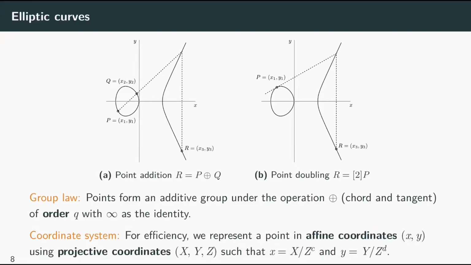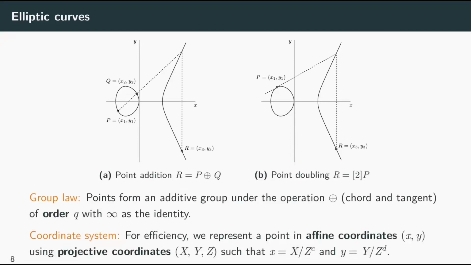For cryptographic interest, we take curves defined over finite fields, such that the discrete logarithm problem is hard. What's interesting is that the same geometric intuition gives us a group law, an operation that defines a group, in practice usually chosen to have prime order, with the point at infinity serving as the identity element.